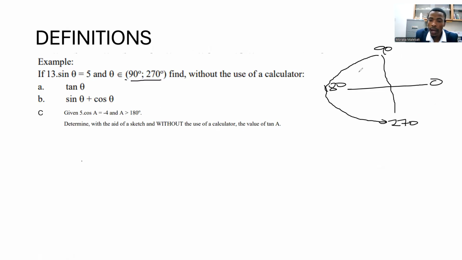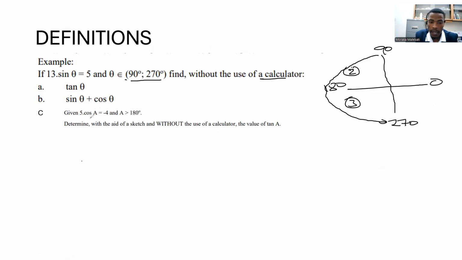So you're either in the second quadrant or the third quadrant. That is the restriction they gave you. Find, without the use of a calculator, tan theta and sine theta plus cos theta.